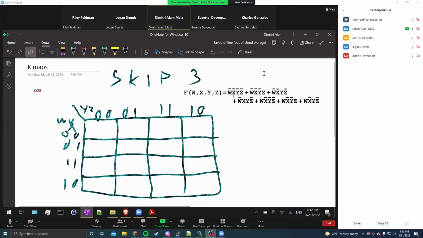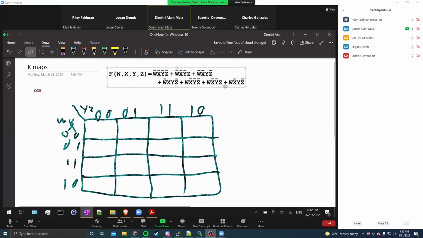We want to make it simpler, rather than have this big thing, because some things here could be redundant. Some inputs we could just ignore.